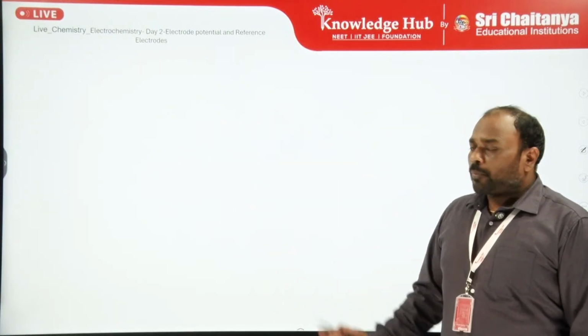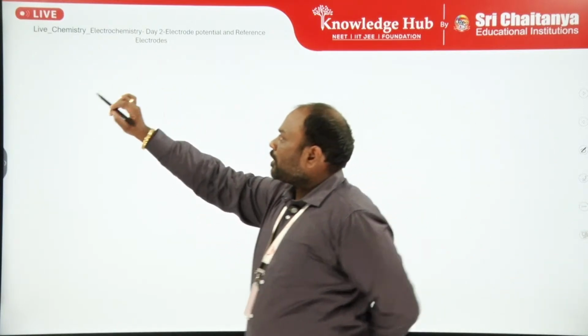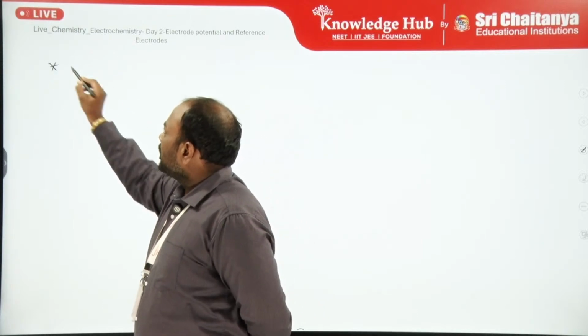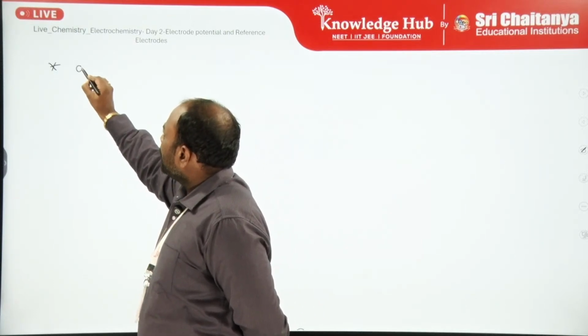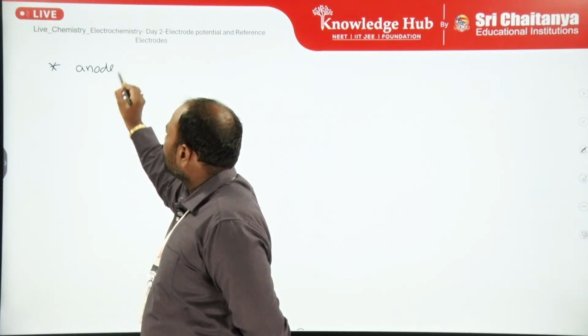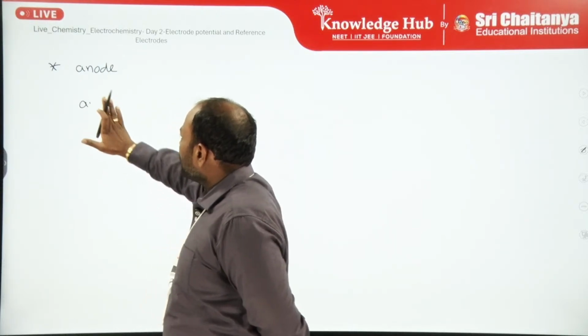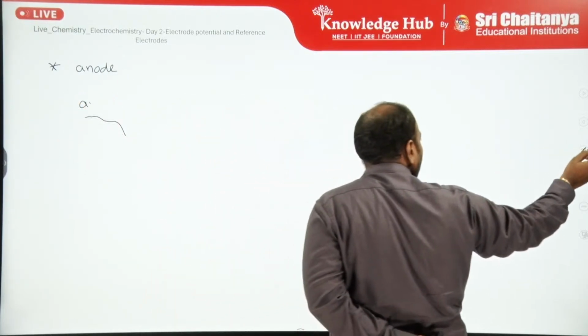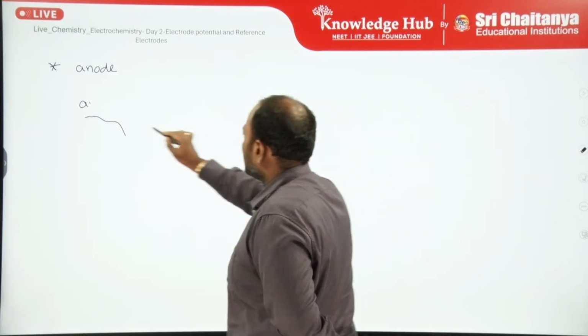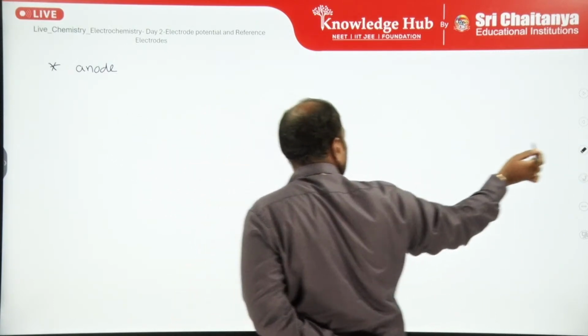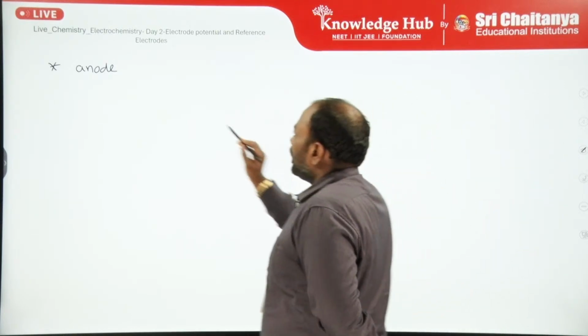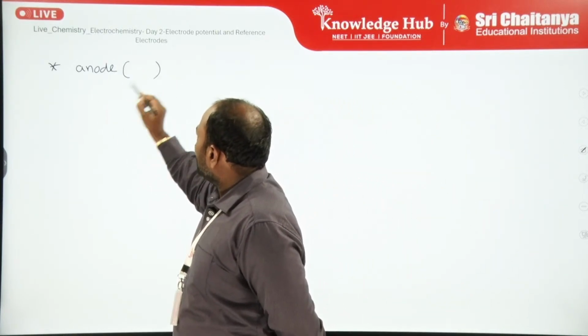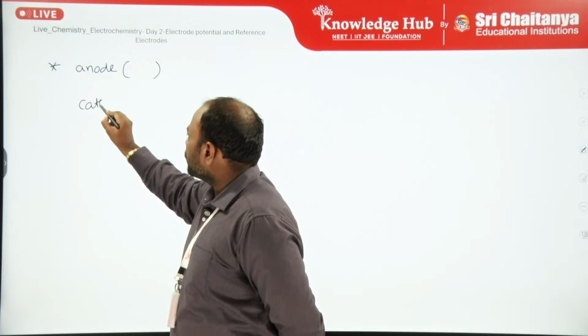Now, suppose in a galvanic cell or in any cell, what happened? Anode is present and the second one is the cathode.